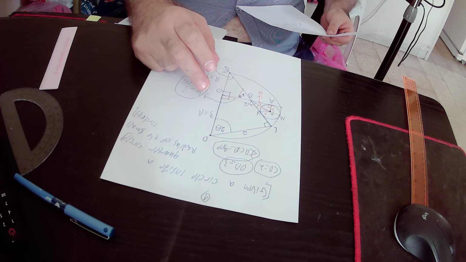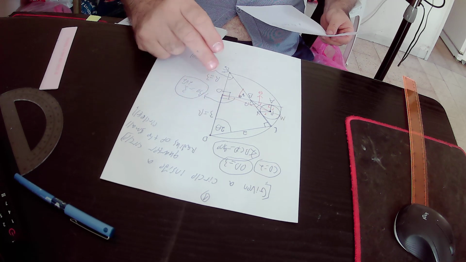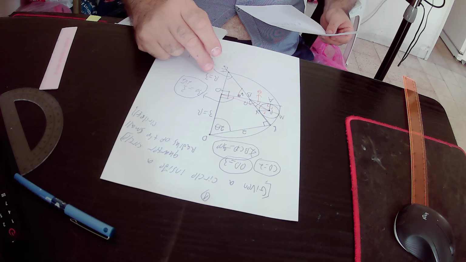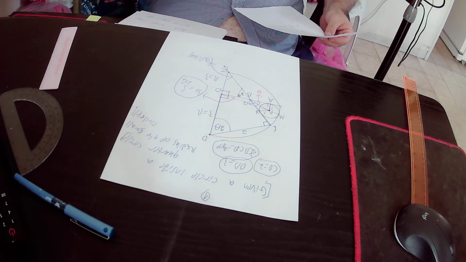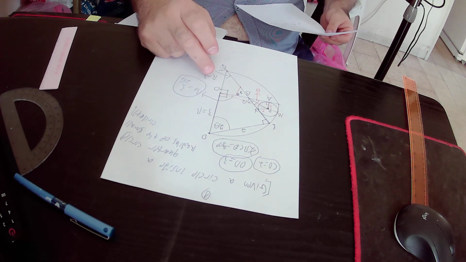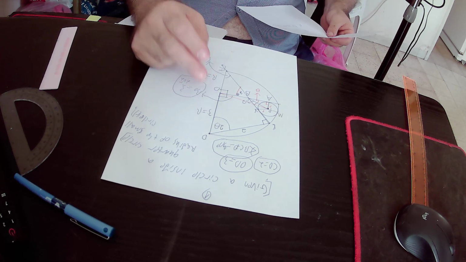DE equals 2R, and if DO equals R, then OE must equal 2R minus R, that is to say OE also equals R. OE is the radius of the semicircle, and DO is also the radius of the semicircle.